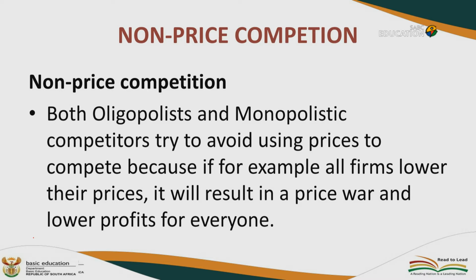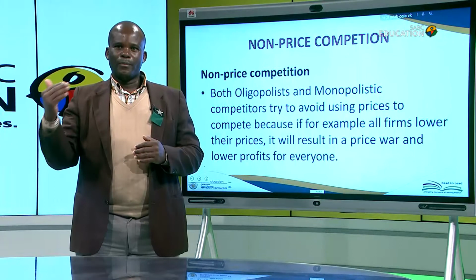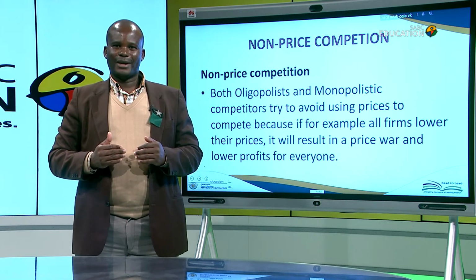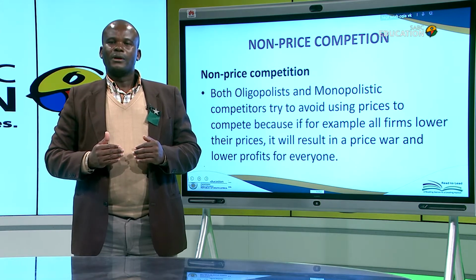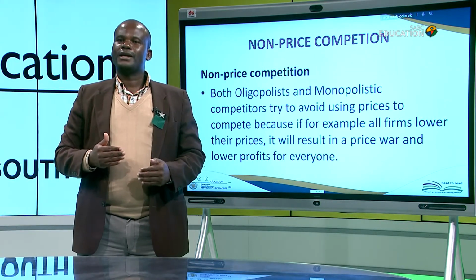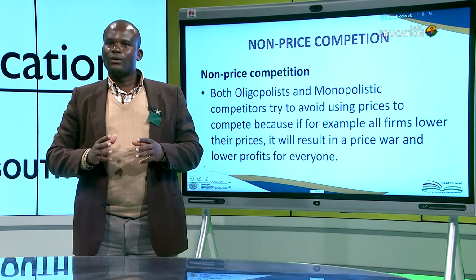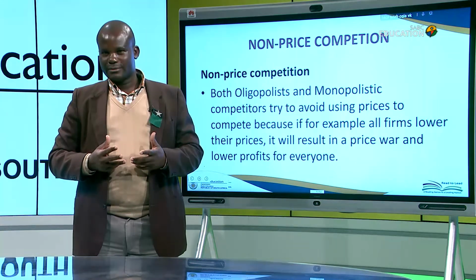Under normal circumstances, firms try to attract customers away from competitors by reducing their prices. But the problem is if you reduce your price, your competitor might also reduce their price. Because you still want to attract more customers, you reduce your price further, the competitor also reduces their price. So eventually, all of you are going to make losses.